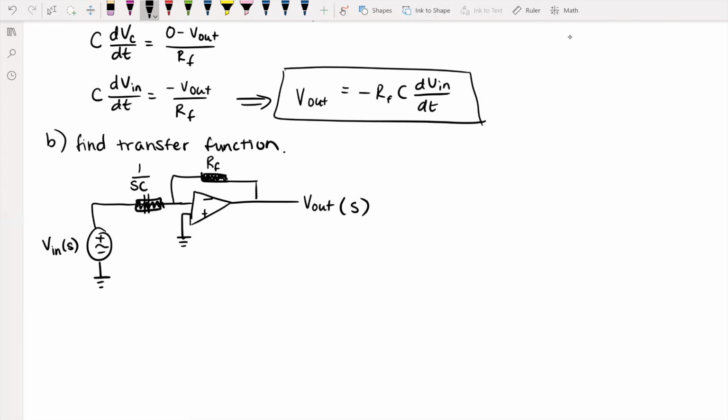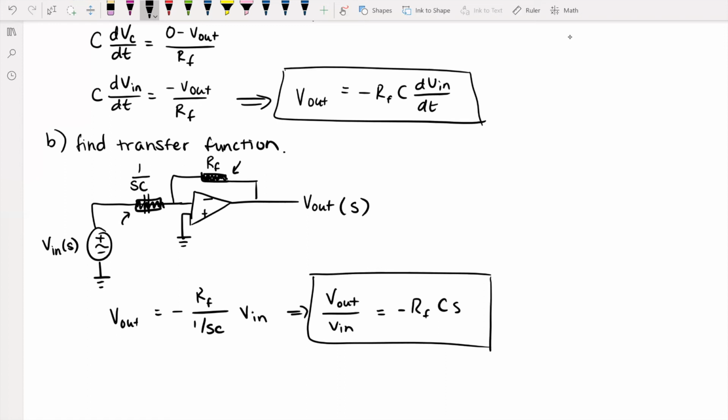And so we define Vout as equal to negative this impedance, negative RF over 1 over SC. Rearranging so that it's Vout over Vin, we have negative RF C S. Here is our transfer function.